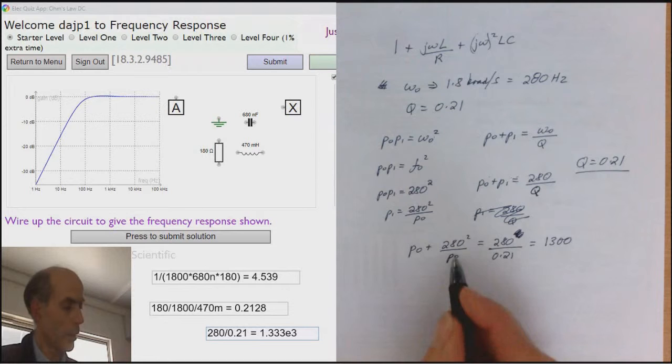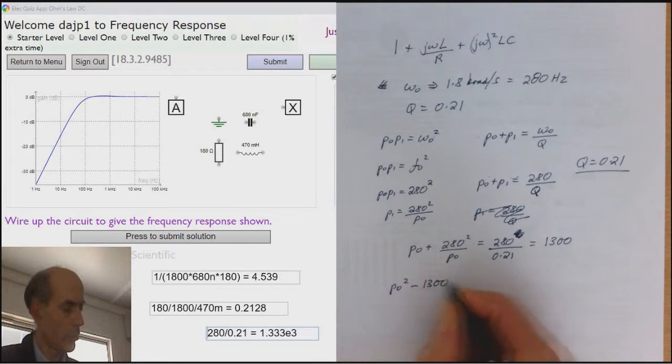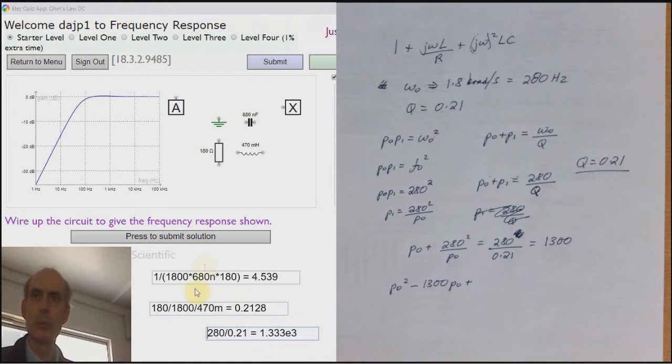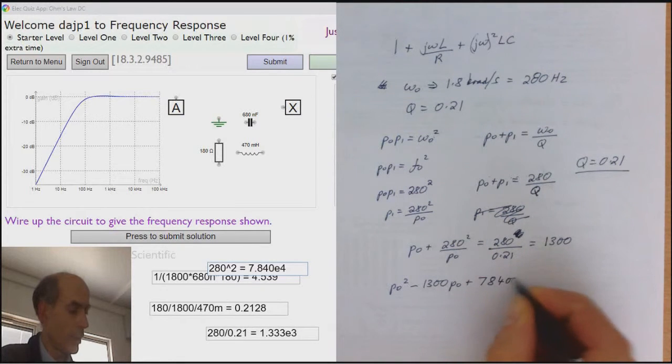So multiply up by p naught and we get a quadratic equation, p naught squared minus 1300 times p naught plus 280 squared, which is 78,400, is equal to 0.